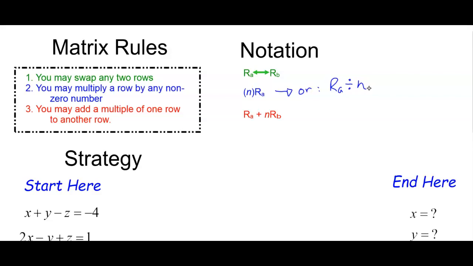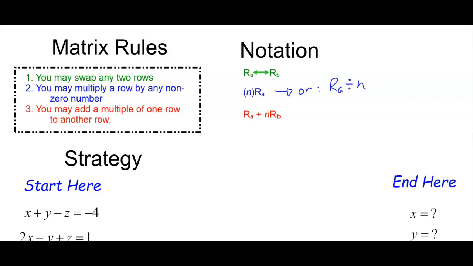Those are both legal. Now the third rule is the one that you're going to use more often than any other rule. You'll use it several times in each and every problem that you work out. And, unfortunately, it's also the most complicated rule. It says, and you have to be very cautious about doing exactly what it says, you may add a multiple of one row to another row.